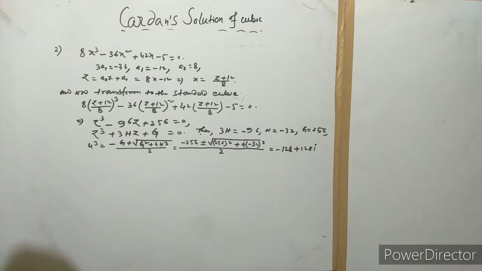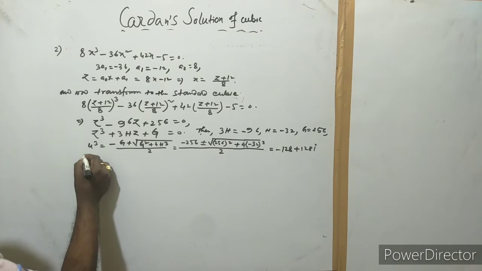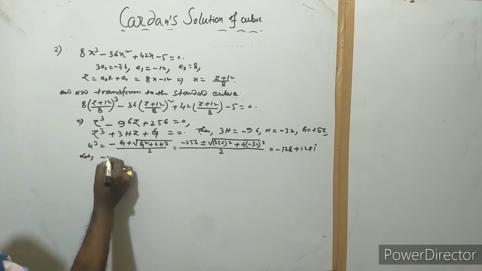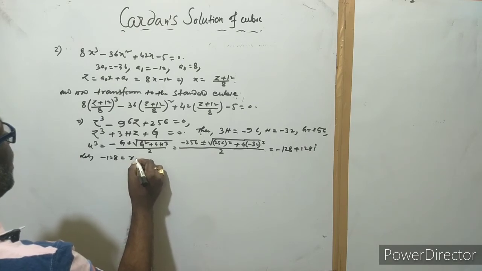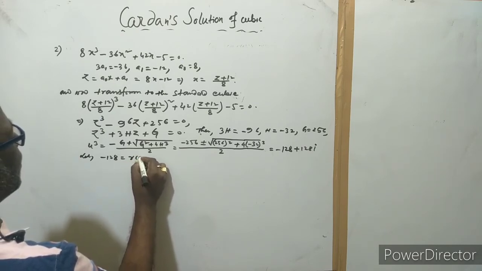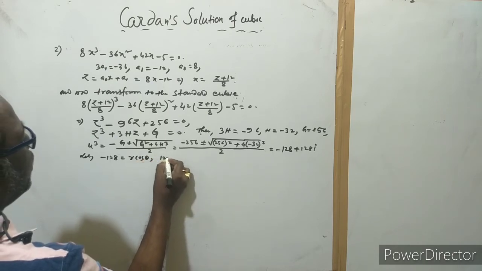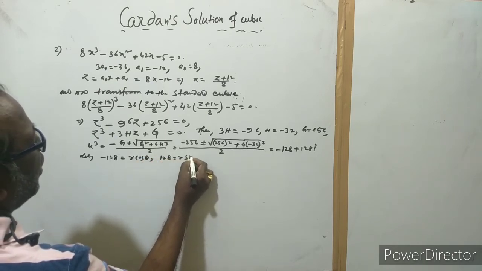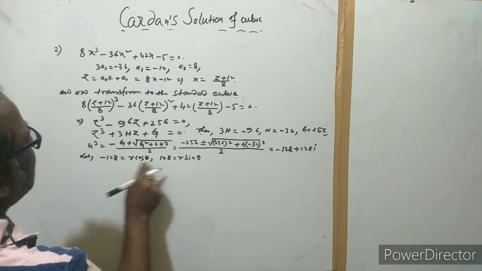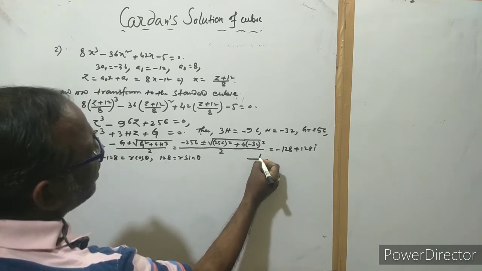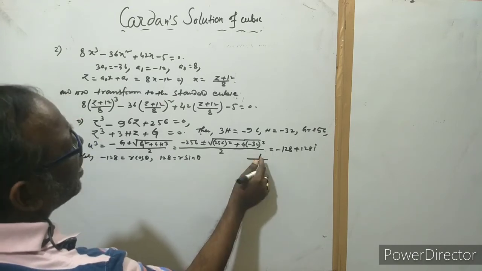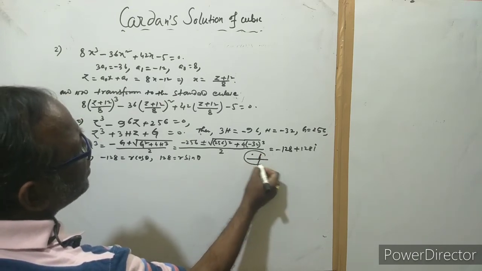And now let 128 is equal to r cos theta, and 128 is equal to r sin theta. And see, x is minus and y is plus, so this lies on the second quadrant.